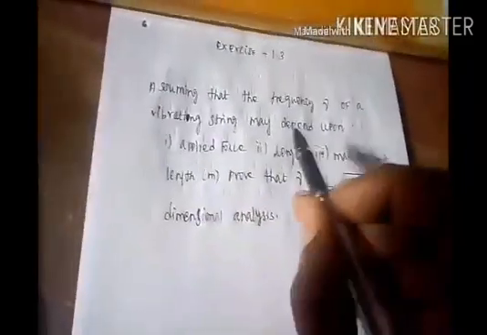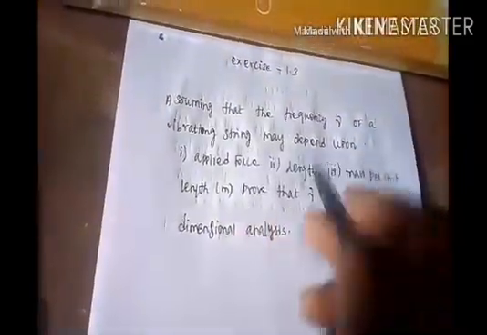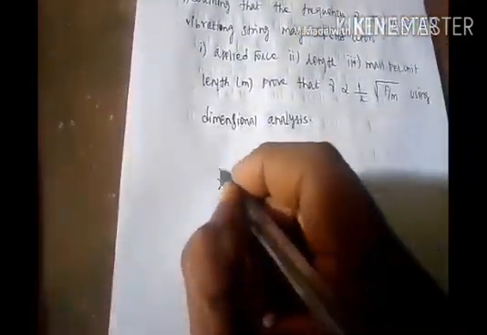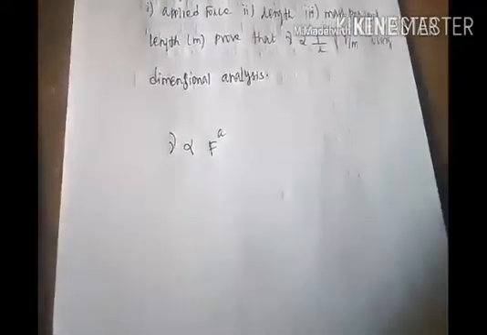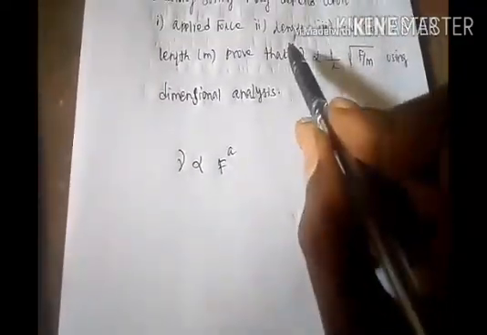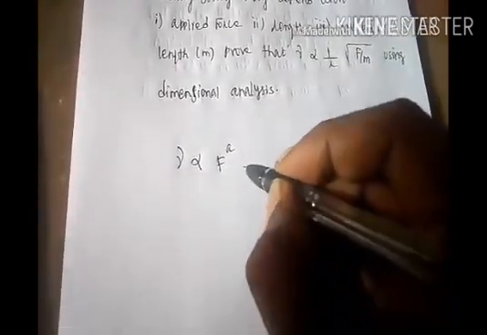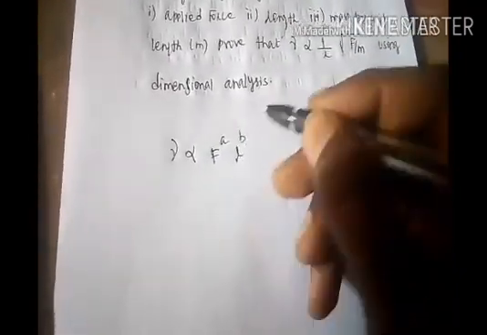Okay, first let us consider the frequency depends. So here the frequency directly depends on what? Applied force, so we will write F power a. Then it depends on length, so we will write L power b.